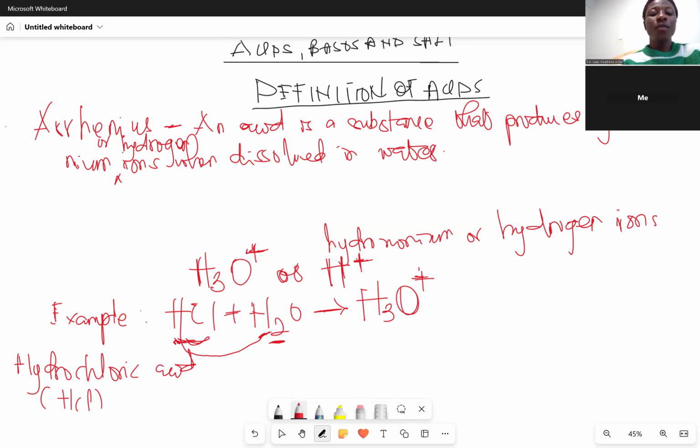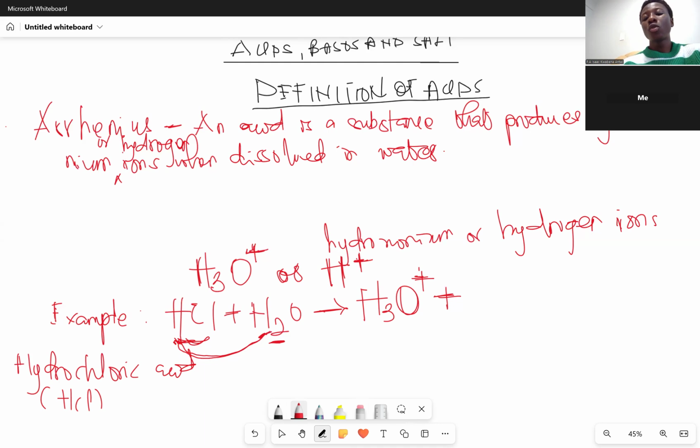Now, if H is coming to join H2O, what will be left here? Something has happened. H has been moved from HCl to join H2O. What is left? Cl.